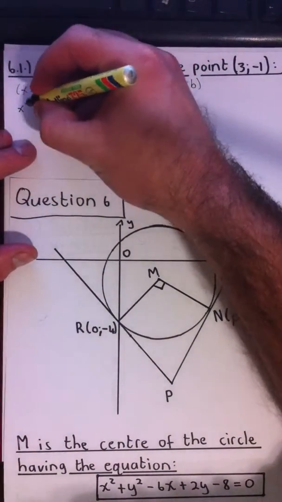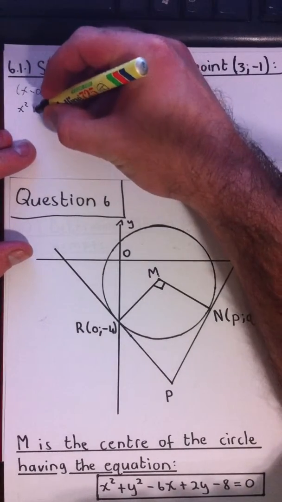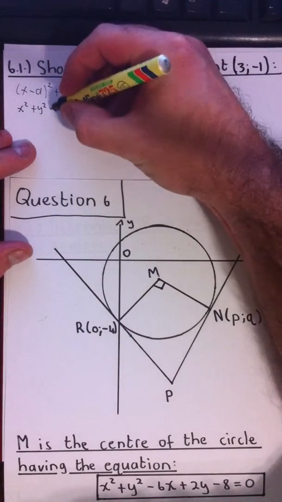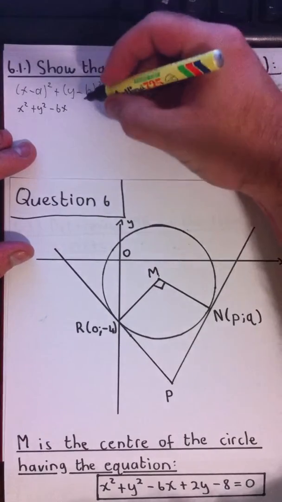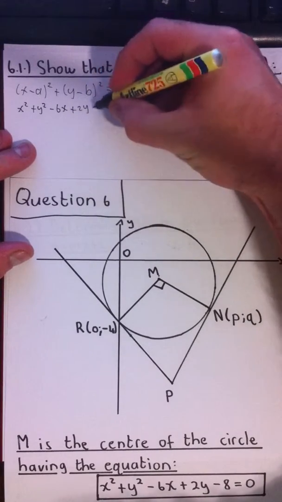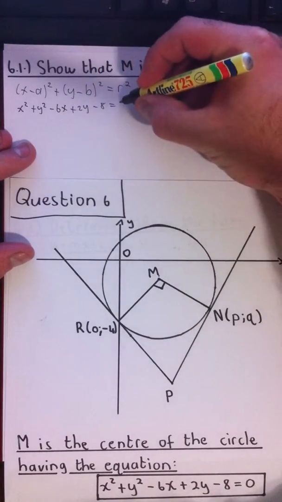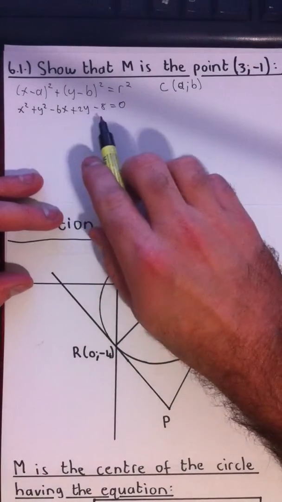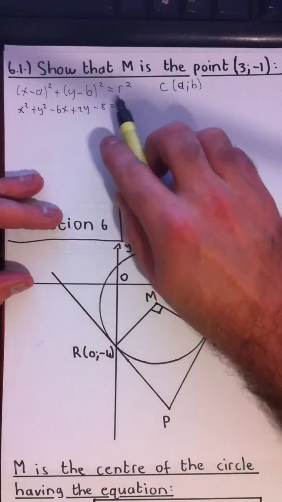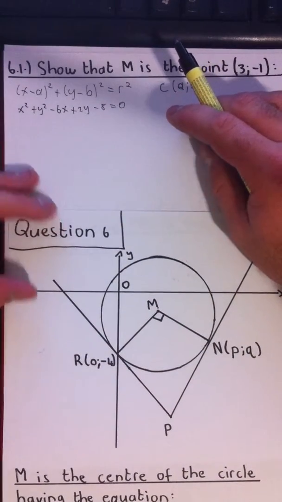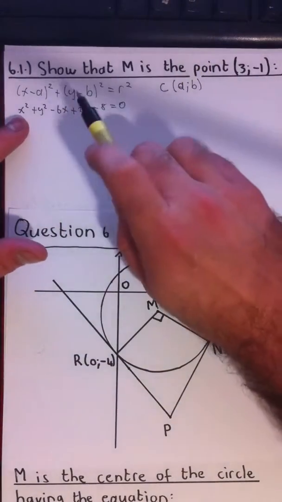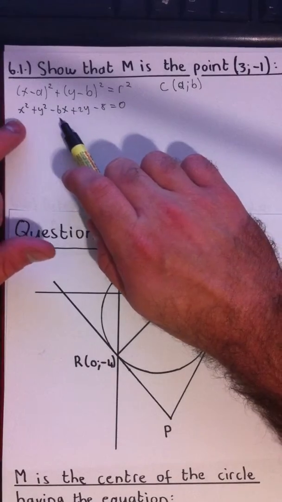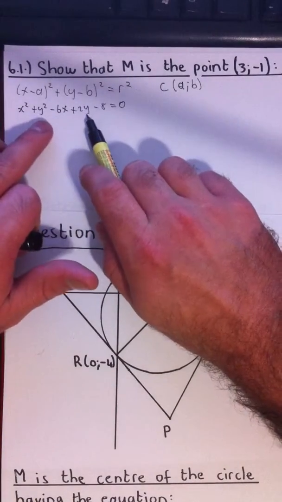We've got x squared plus y squared minus 6x plus 2y minus 8 is equal to 0. We want to get all the constants to the right hand side, and that will form our radius. But we also want to complete the square for the x values, and then similarly for the y values.